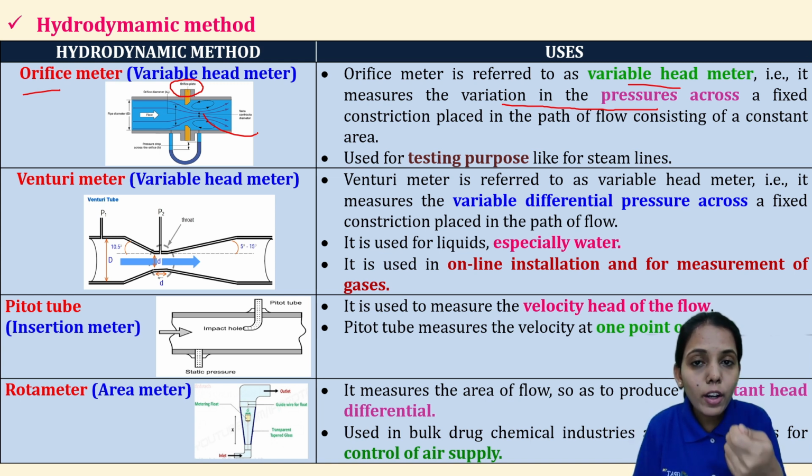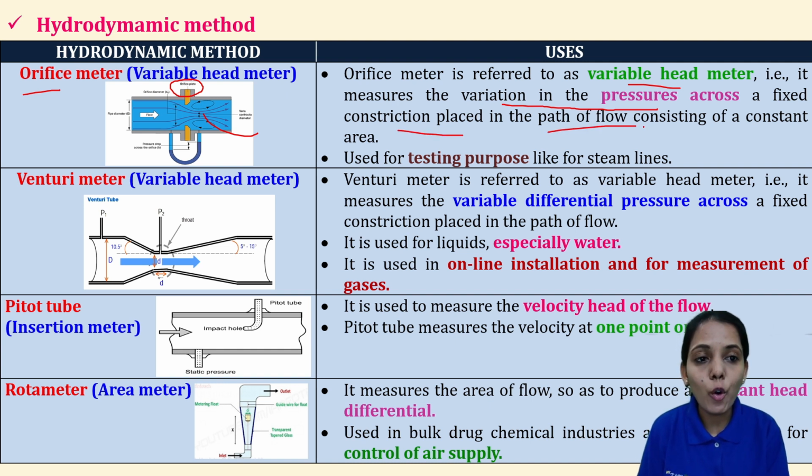So if you are constricting a pipe, it will create a pressure difference. A similar mechanism is applied here. Whatever constriction is there will create a pressure difference across it. So that variation in the pressure is calculated across a fixed constriction which is placed in the path of flow consisting of a constant area.